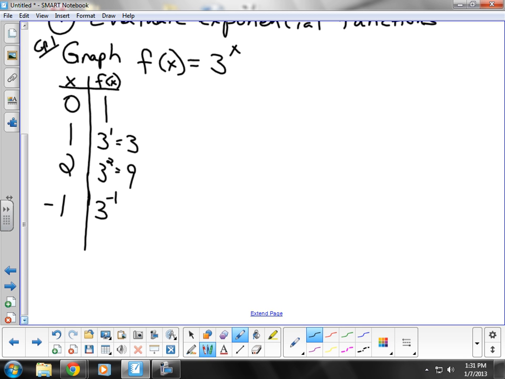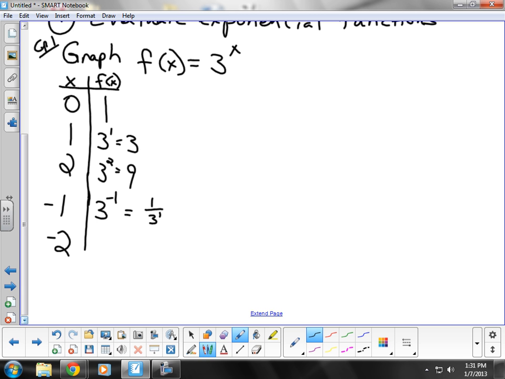It puts it in the denominator. So this is 1 over 3 to the first. Negative exponents mean the reciprocal, because it's the multiplicative inverse. So the negative sign tells me that I need to use the reciprocal of that.